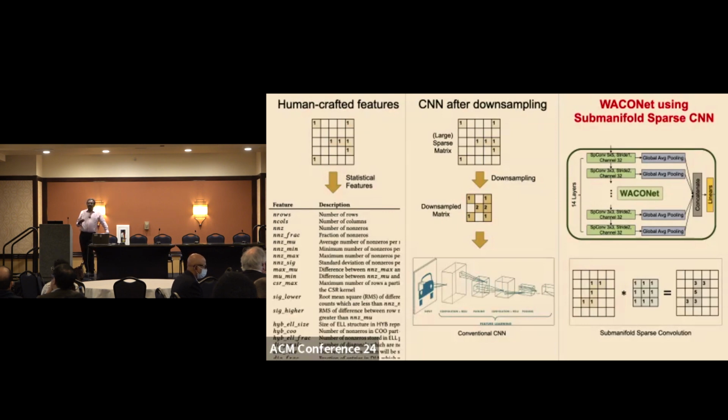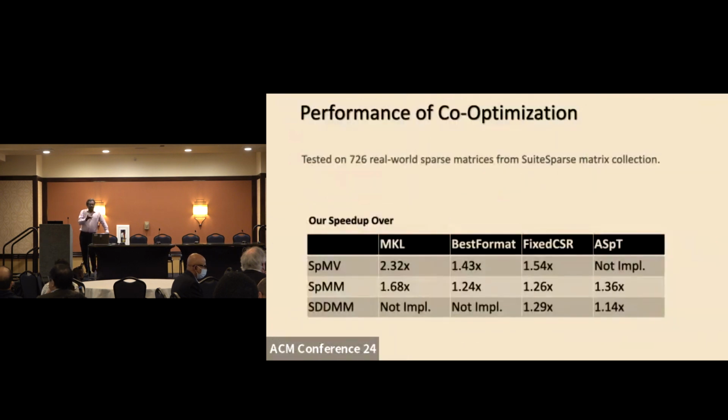By doing that, we can learn a lot of features, and this seems to learn both local features and global features very well. What we are showing here is that given specific matrices, we can get really, really good performance. For sparse matrix vector multiply right now, just getting 5% above MKL is hard, but we can get 2x for certain matrices because there are certain shapes and patterns we can take advantage of.